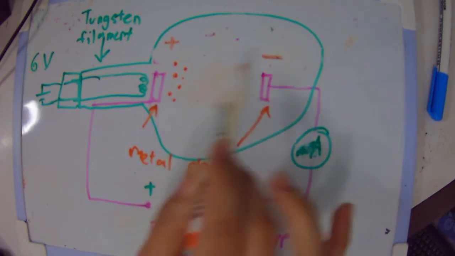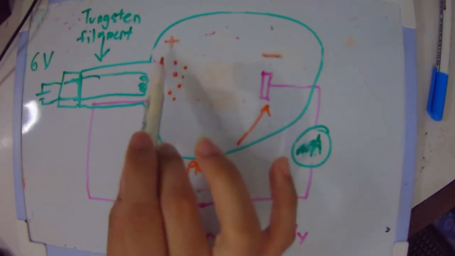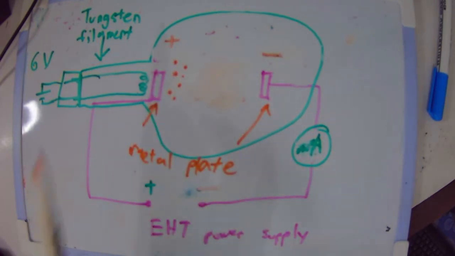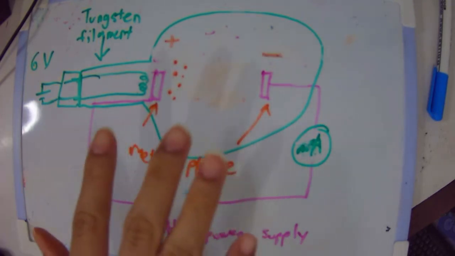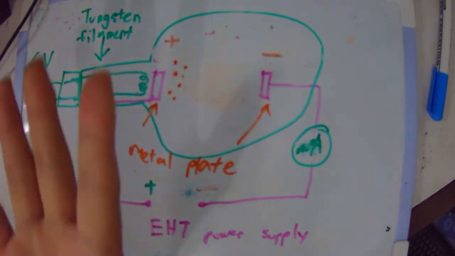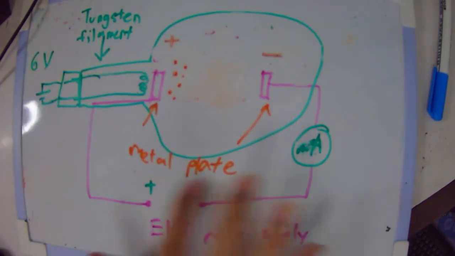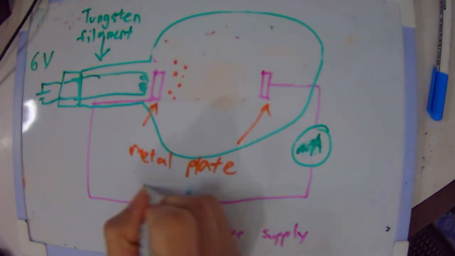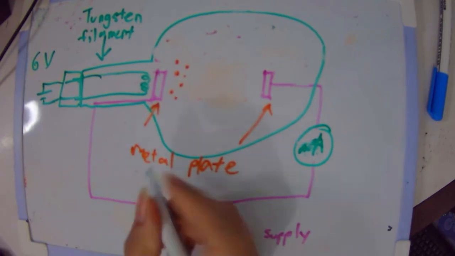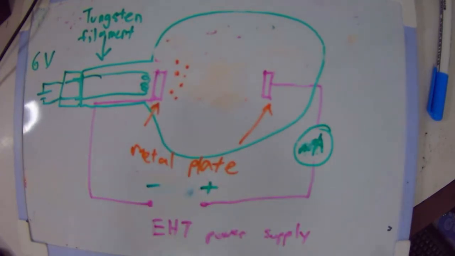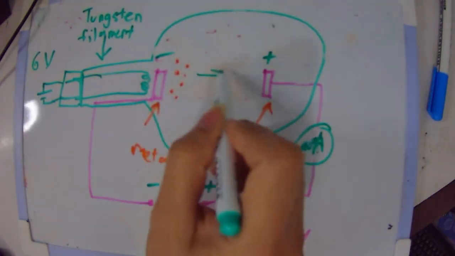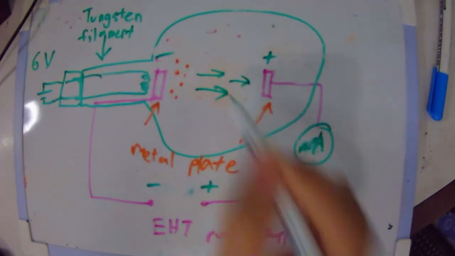The electrons are like, why should I go there? I'd rather be here, where the positive is. So that's why this will not work if you switch the positive and negative sides. And then if we put it back, so that this is the negative side and this is the positive side, then we'll get our electron beam or our cathode rays.